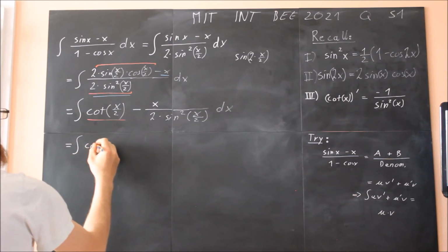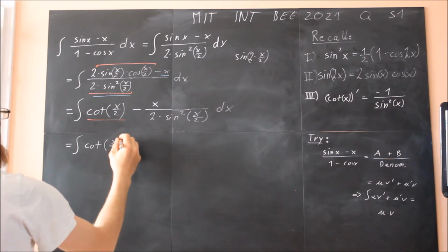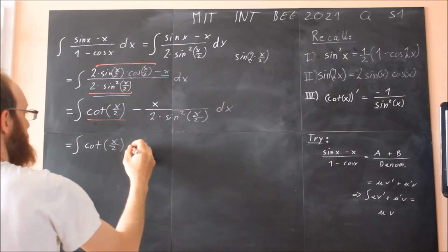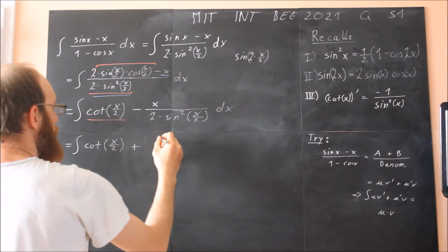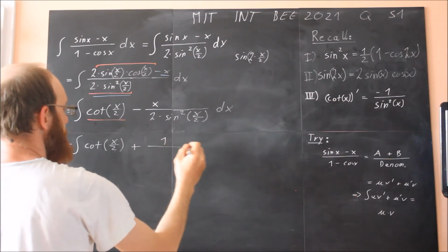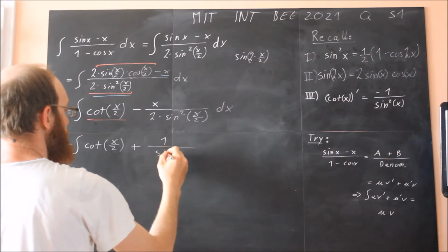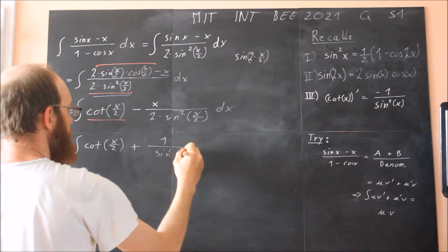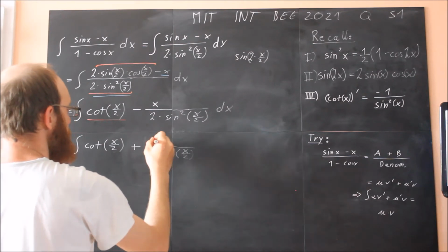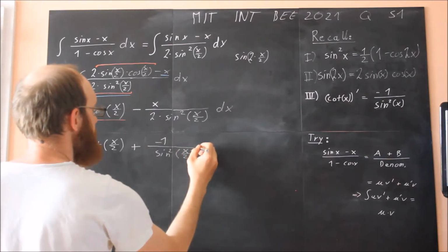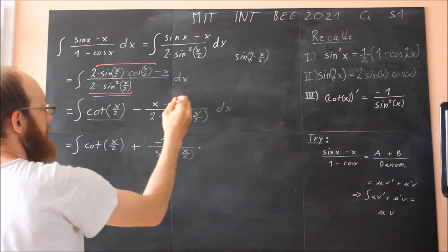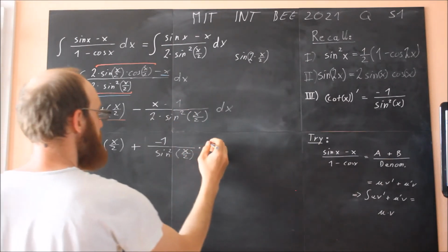We have cotangent x over 2 plus 1 over sine squared x over 2 minus 1, times x over 2.